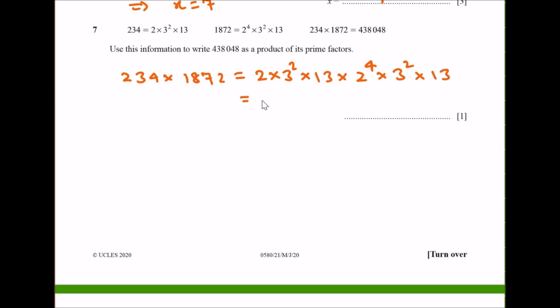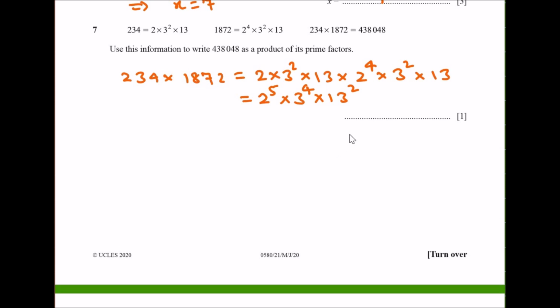Now let us combine the like terms. So 2 power 1 times 2 power 4 becomes 2 raised to the power 5. Here 3 square, there also 3 square, so 3 raised to the power 4. 13 and 13, so 13 square.